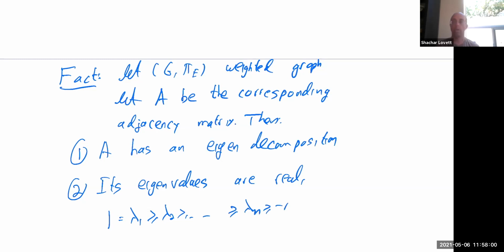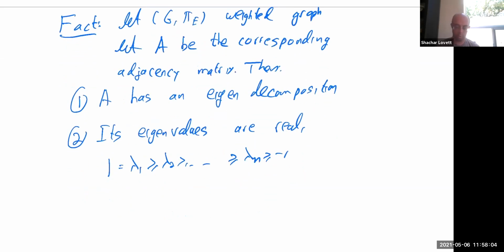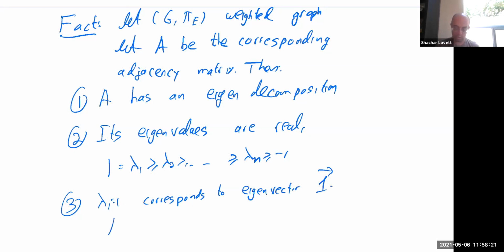Everything is the same as we've seen before. And thirdly, when it acts on the right, lambda 1 equals 1 corresponds to the eigenvector which is just the all-ones vector, which means that A times the vector 1 is the vector 1.